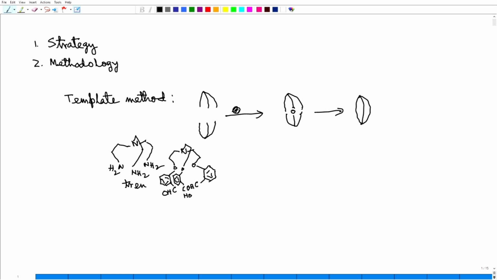With the metal ion as template, we expected that this will come like this, and then it will come, let me draw like this.